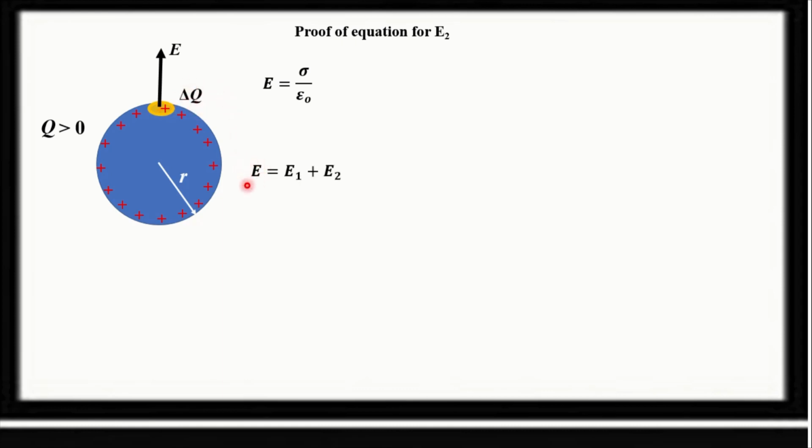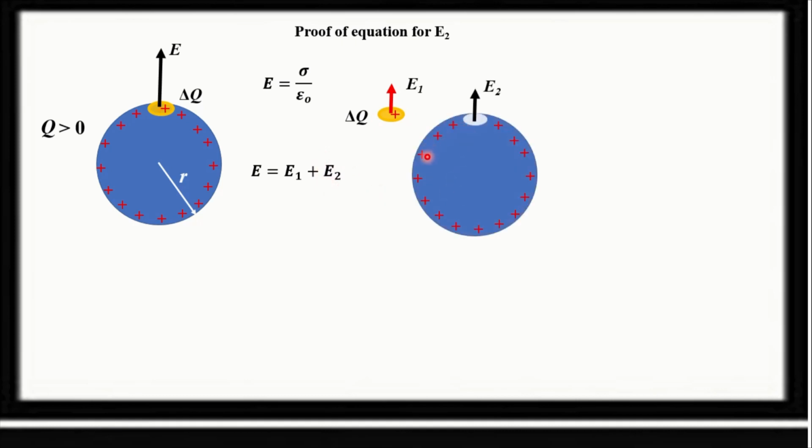Then we represent electric field E as a sum of two electric fields: E1, generated by the charge on this area, and E2, which is due to excess charges outside of this area. We start with calculation of the field E1.